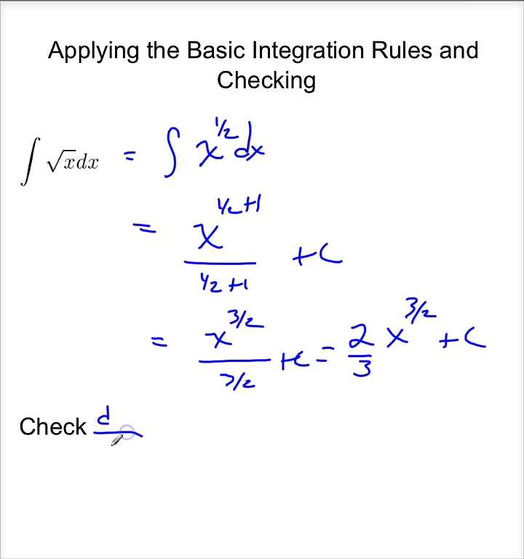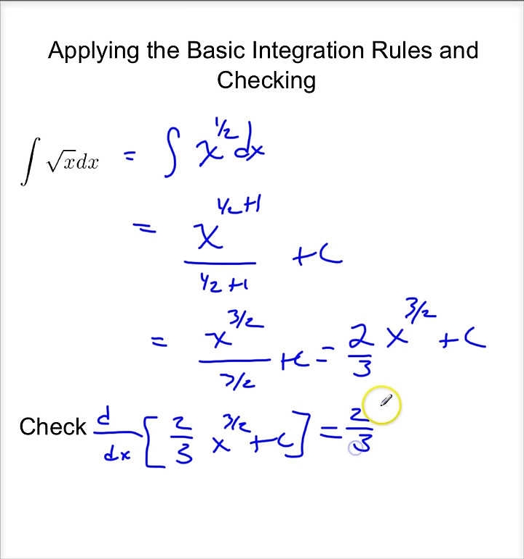So when I check this, I take the derivative with respect to x of 2/3 x to the 3/2 plus c. So this is 2/3 times 3/2 x to the 1/2 plus 0, or just the square root of x.